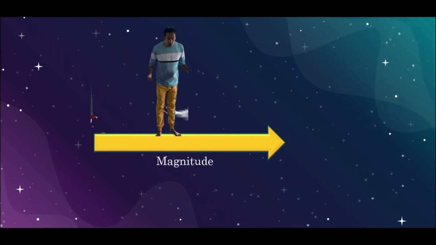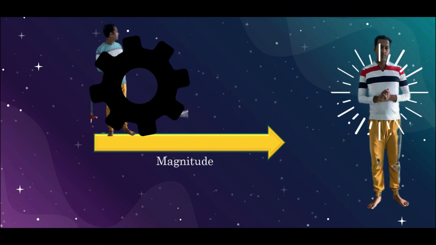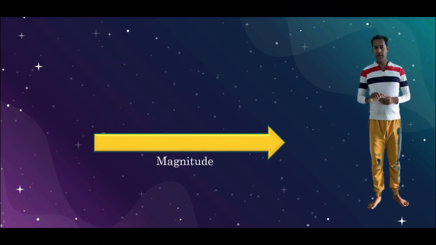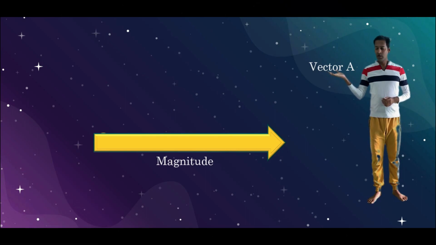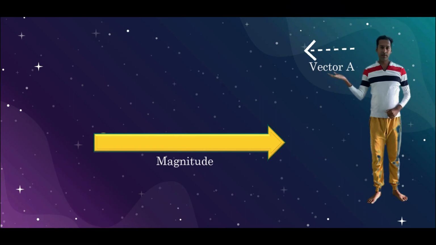Magnitude is the length of that vector if we are talking about the position vector. Vectors can be represented by alphabet. For example, we can use alphabet A to represent any given vector. But this vector A is not complete. We have to put a roof or a bar on the head of vector A.